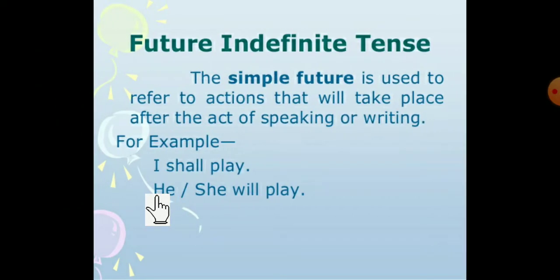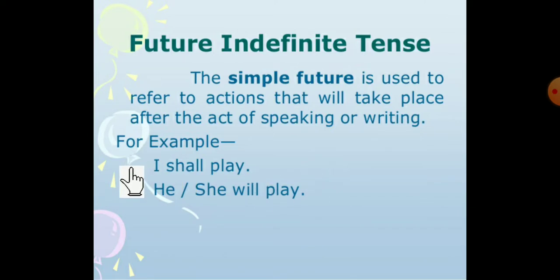First we have to see simple future tense. The simple future tense is used to refer to an action that will take place after the act of speaking or writing. Before an example, we have to see the formula. What is the formula of simple future tense? Subject plus shall or will plus verb first form plus object.